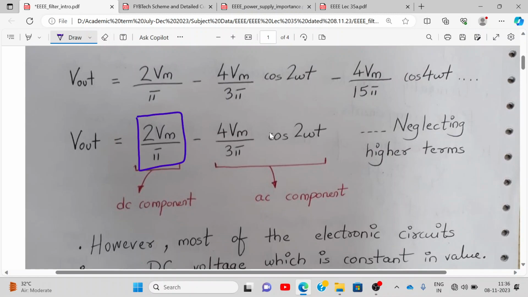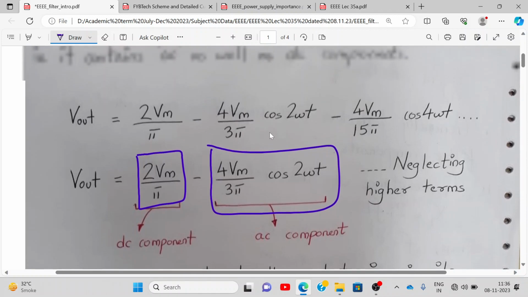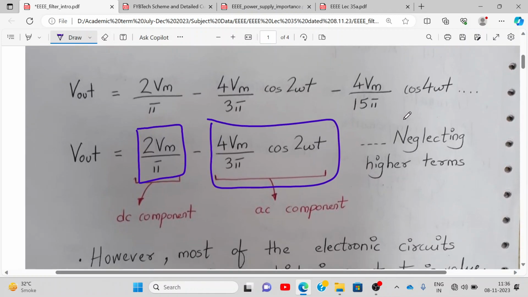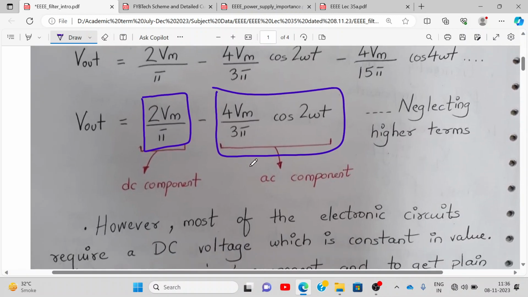We found the average for the full wave rectifier. It is 2 Vm by pi, right? And this is my AC component. In order to reduce or remove this AC component, we apply the filter circuits. Have you heard of Taylor series? So this is the Taylor series expansion. Higher order terms we neglect, but this is the AC component which we have to reduce.